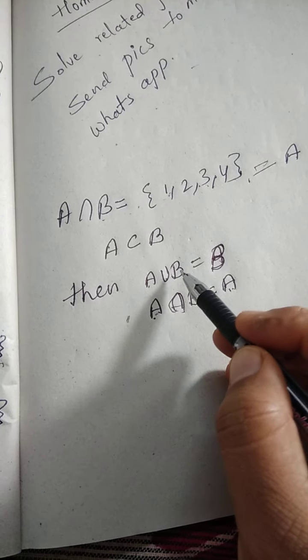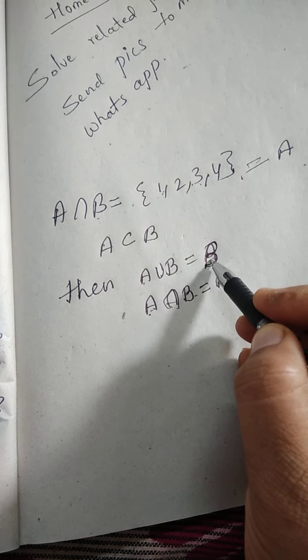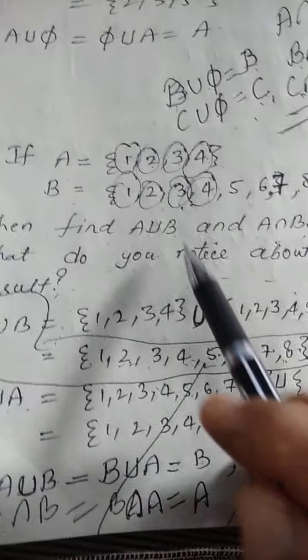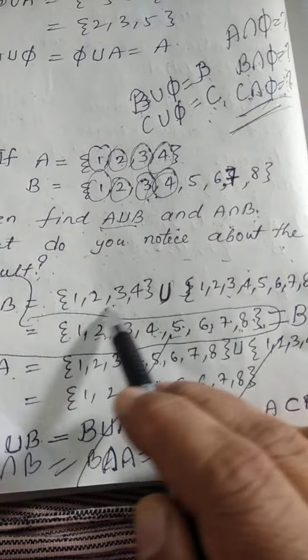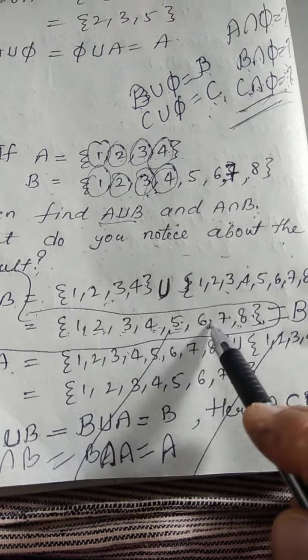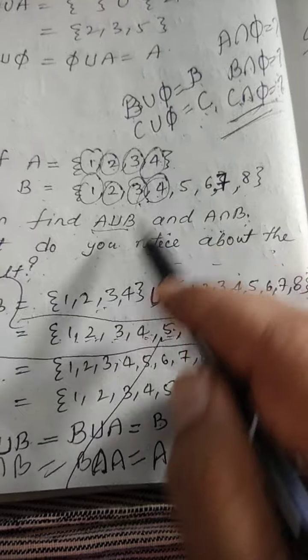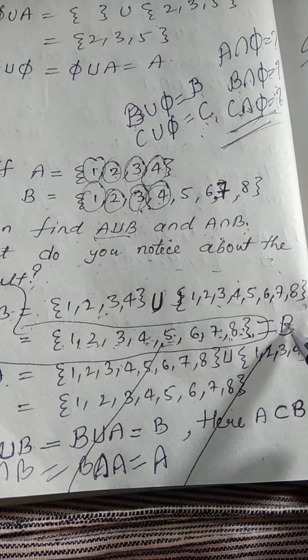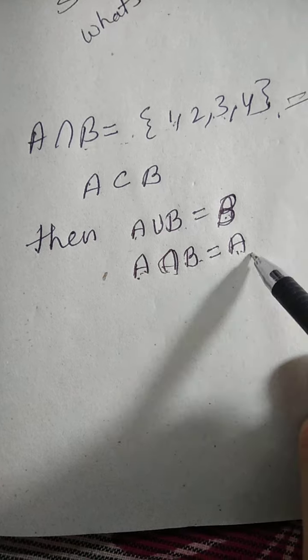When we take the union, we get the set B. A union B means combine both. We are getting 1, 2, 3, 4, 5, 6, 7, 8 and that set is nothing but set B. So when we find A union B, we will get set B. When we find A intersection B, we will get set A.